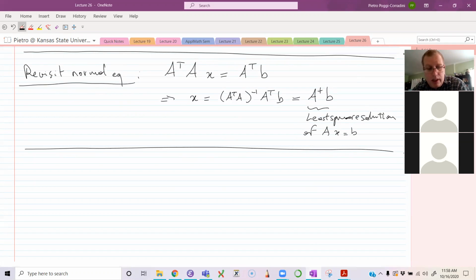Now we can do the general case too, where you don't have full column rank.